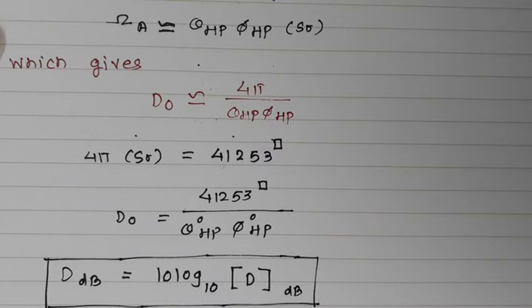Now let us talk about one of the problems based on this radiation intensity. We'll solve one problem based on the radiation intensity, and then we'll talk about the properties of the radiation.